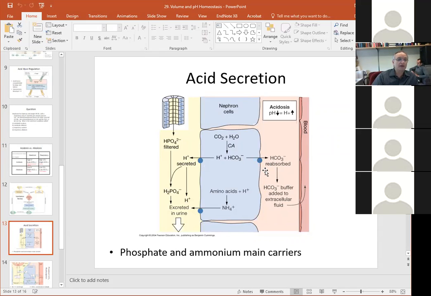This takes place, you might think of it primarily as the proximal convoluted tubule, or throughout the whole tubule, kind of like the sodium reabsorption and glucose reabsorption, also amino acid reabsorption that we didn't talk about much. All of those take place at the beginning, proximal convoluted tubule the most, and they kind of set the stage. They say that they compensate for the acid load.